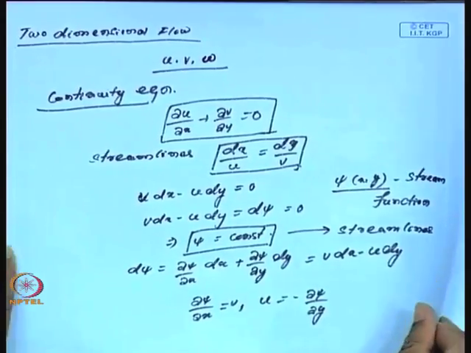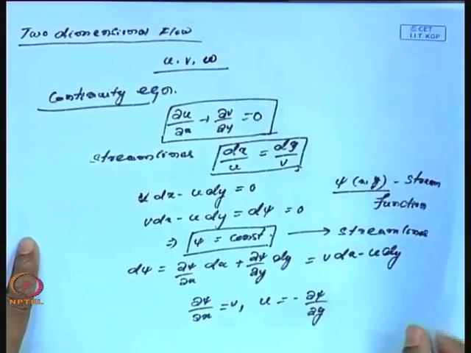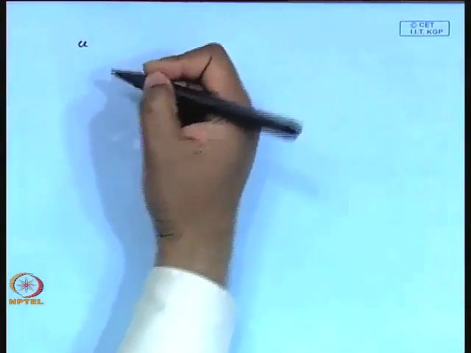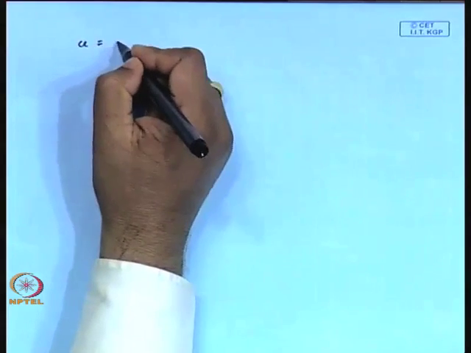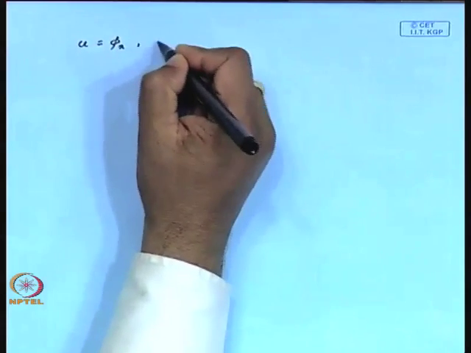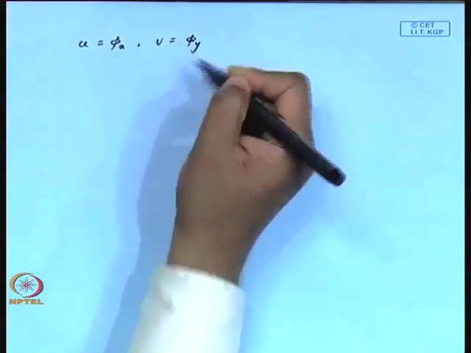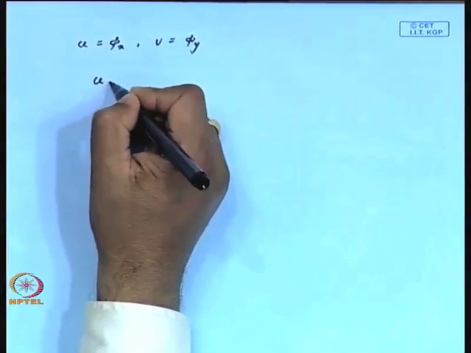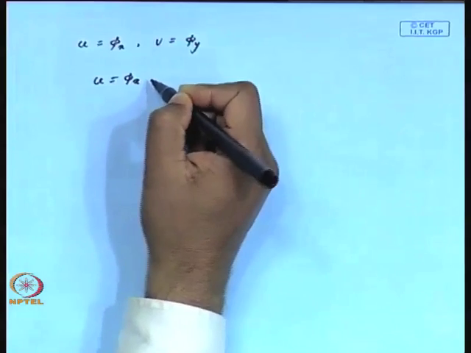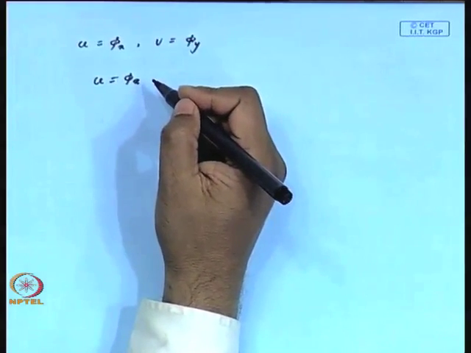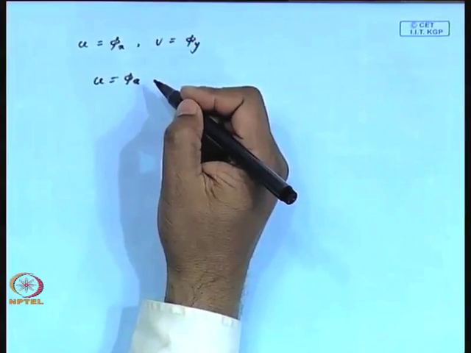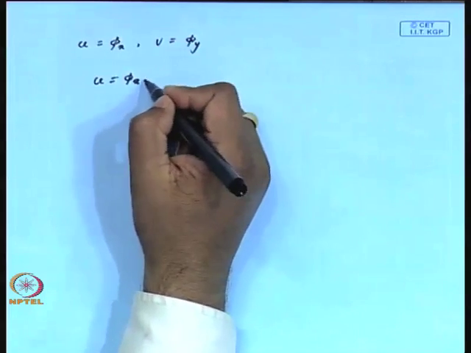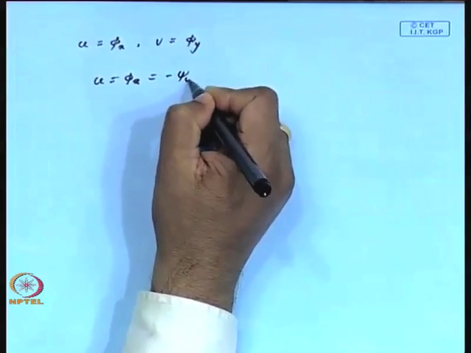Another point of view here, now I will relate phi, the velocity potential, with the stream function. We have already seen, in case of a two dimensional flow, u is equal to phi x, v is equal to phi y. Now, if you relate with the stream function, we have u is equal to phi x, and u is nothing but minus del psi by del y, minus psi y.